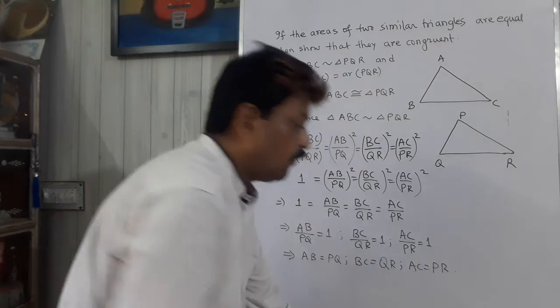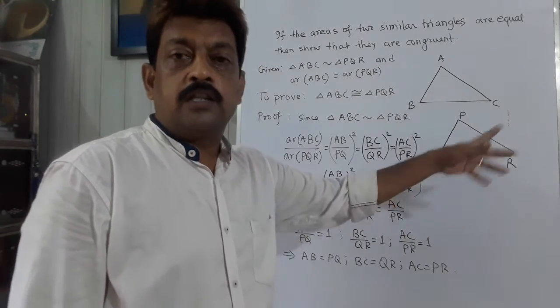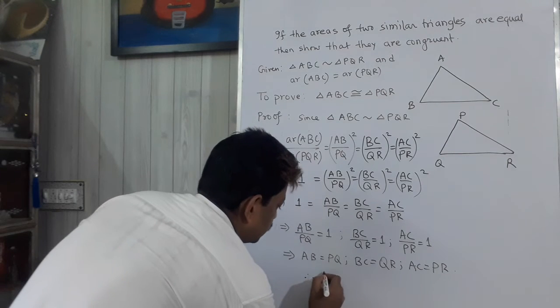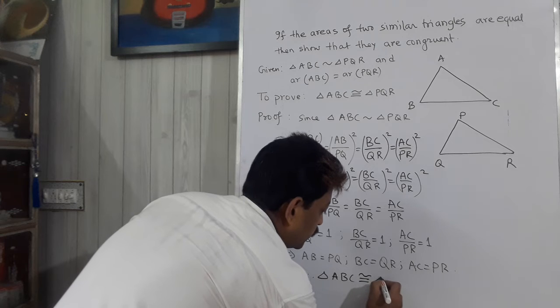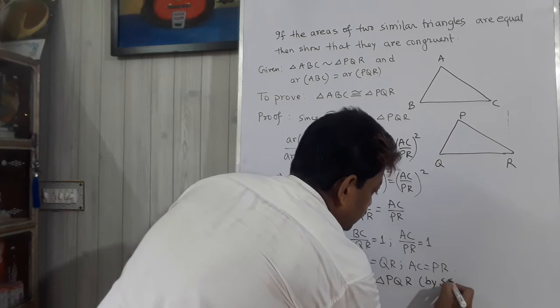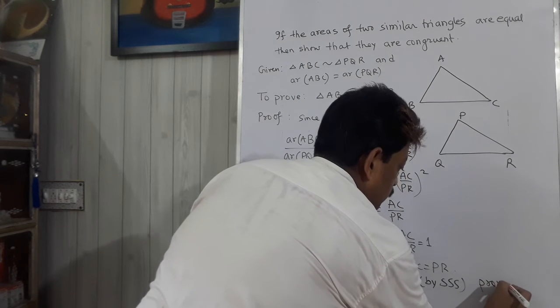So you can see all the three sides of triangle ABC are equal to the corresponding three sides of triangle PQR. Therefore, we can say triangle ABC is congruent to triangle PQR by SSS, side congruency. So this question is also proved.